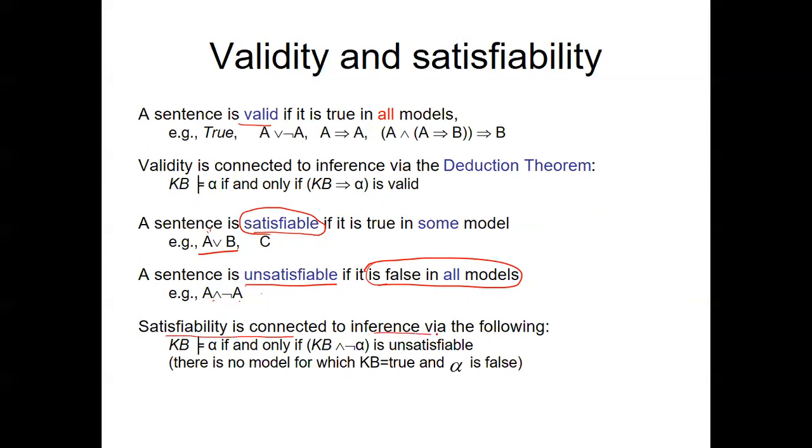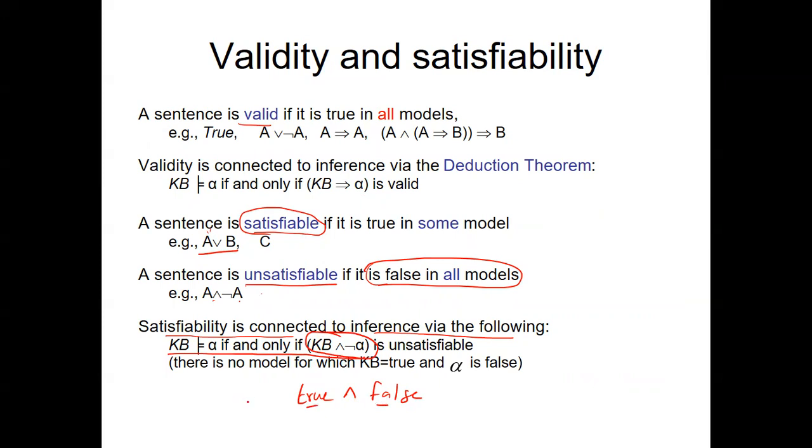Satisfiability is connected to inference via the following. KB entails alpha if and only if KB and not alpha is unsatisfiable. So what does it mean? KB and not alpha means KB is true and alpha is false.